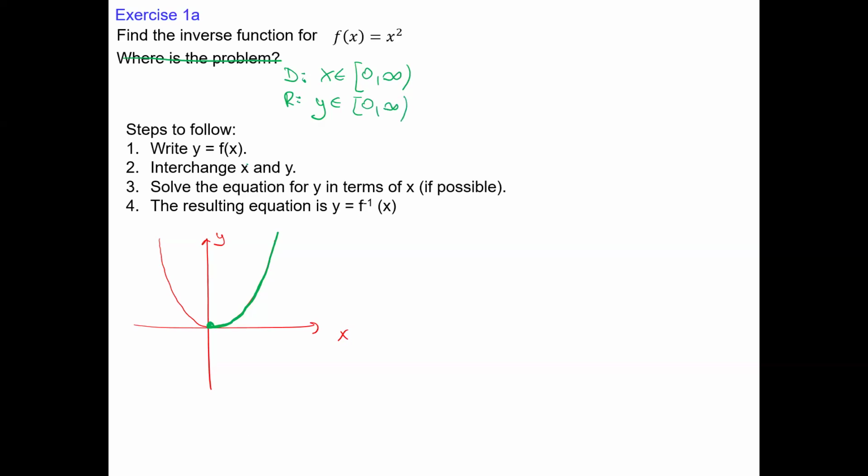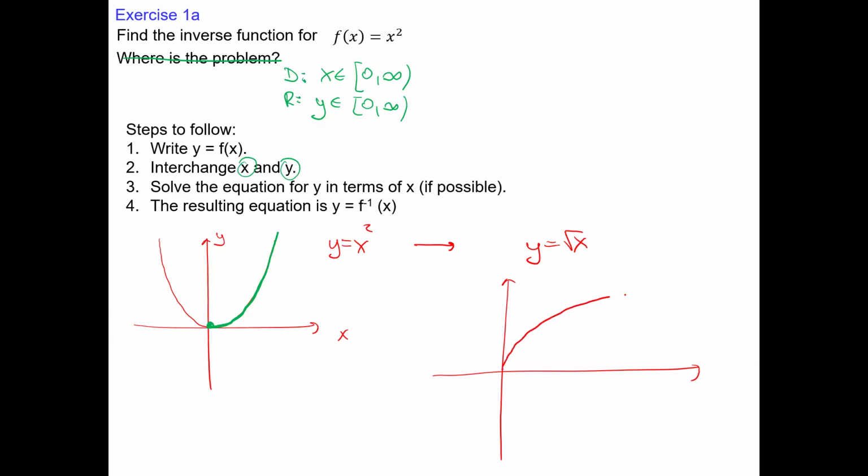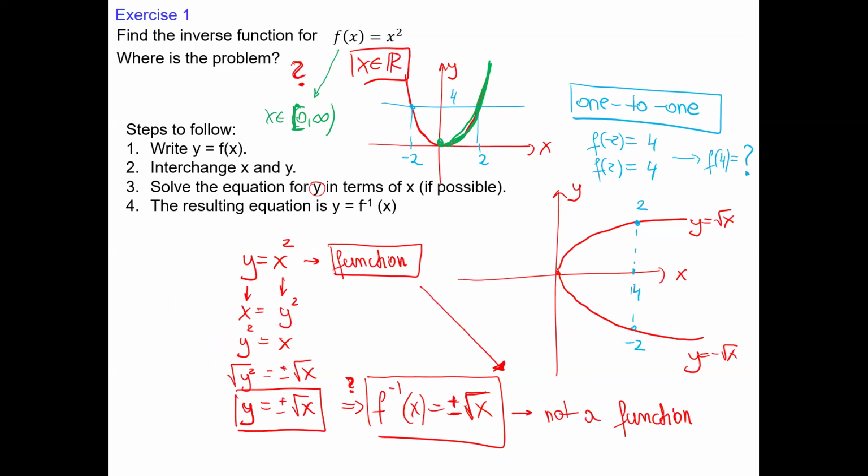Since we are interchanging x and y, we are also interchanging domain and range. That's when we know the formula, so it is still the same formula. The inverse function is square root of x, and x and y are actually the same. That means it's easy. We can only take that part. This part is defined for the positive x's and positive y's.